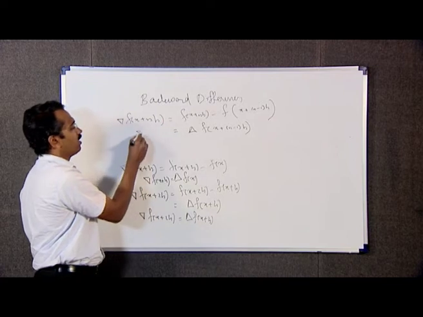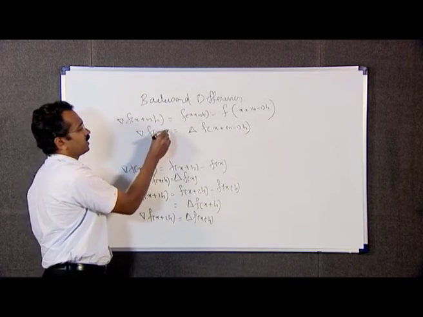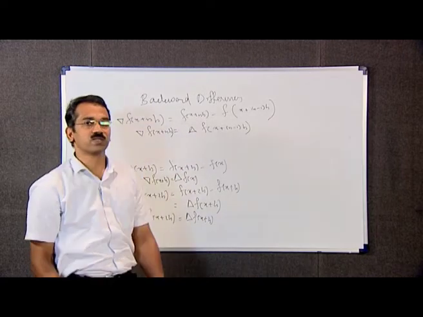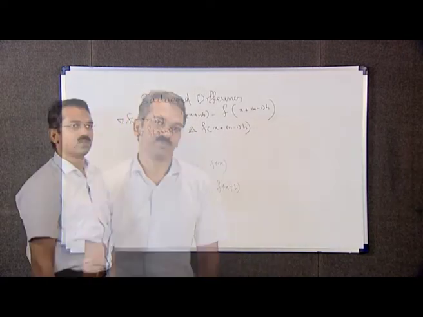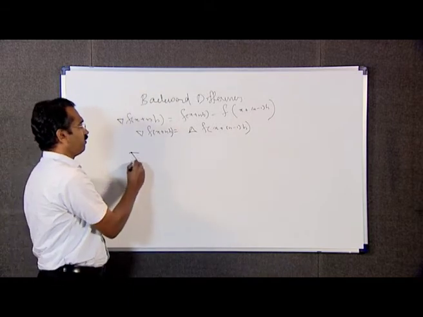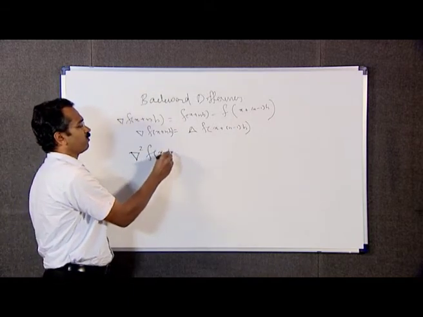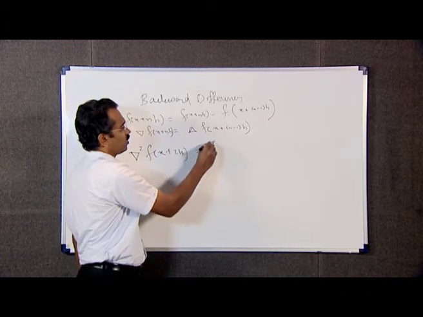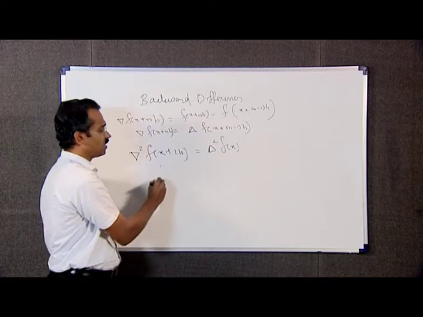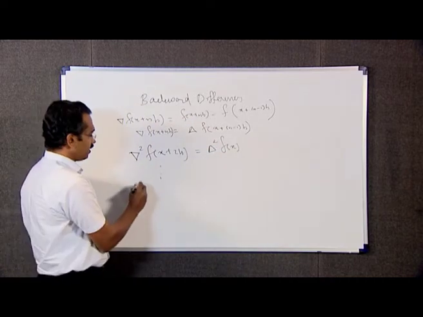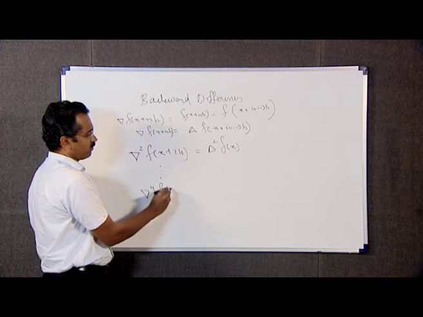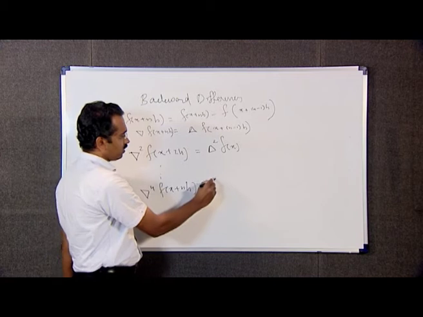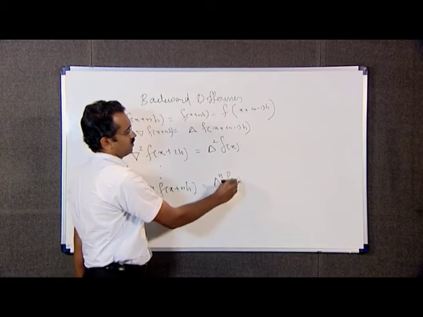That is, del f of x plus nh is the same as delta of f of x plus n minus 1 h. Similarly, we can write del square f of x plus 2h is equal to delta square f of x. In general, del raised to n f of x plus nh is equal to delta raised to n f of x.